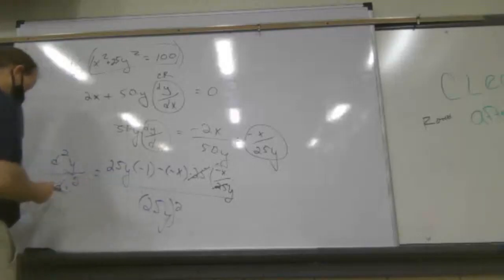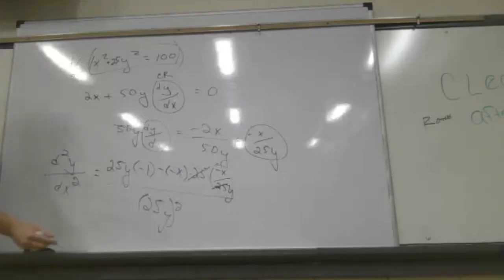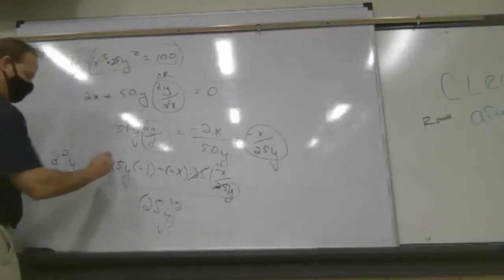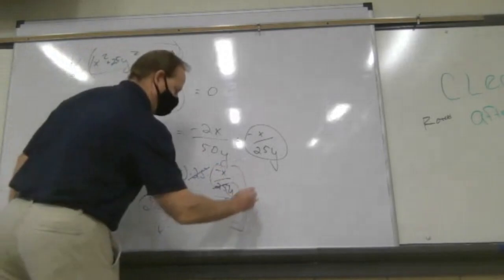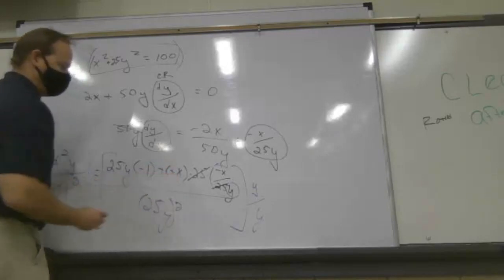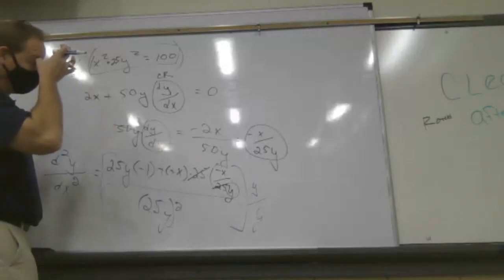Everybody agree? And then I can multiply top and bottom by what? I've got a y in the denominator, so I can multiply top and bottom through by y over y. So minus a minus is plus.